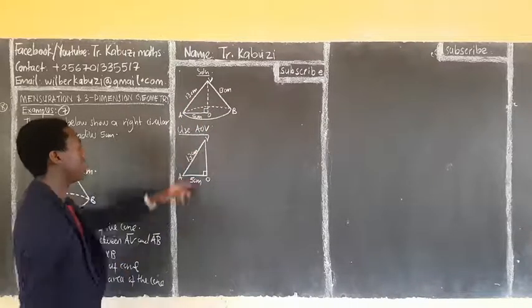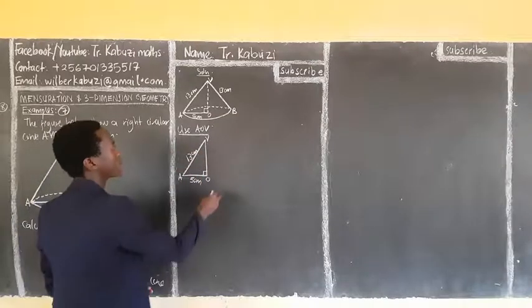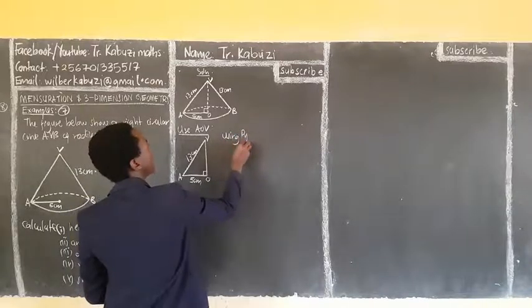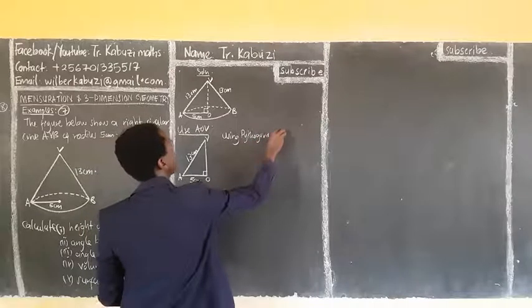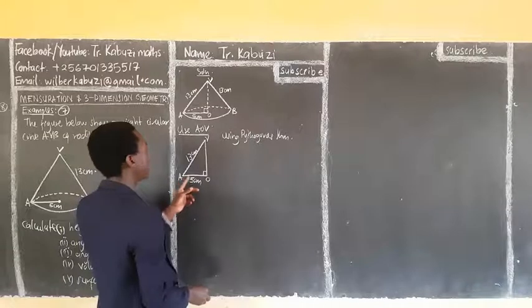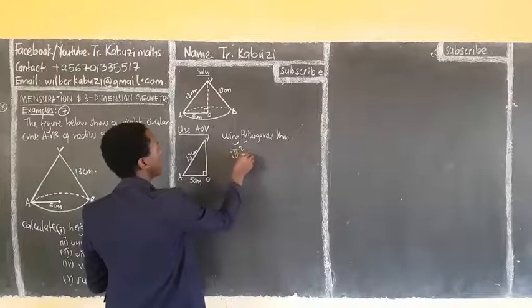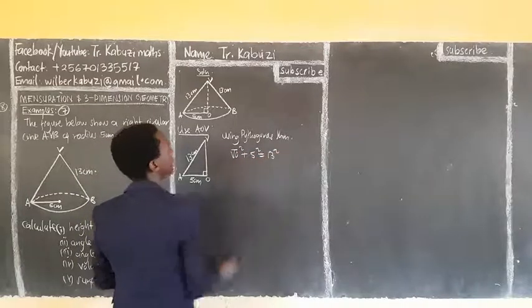Now you see, if I have to get the height, I can easily use Pythagoras theorem. So, using Pythagoras, my formula says VO squared plus 5 squared equals 13 squared.